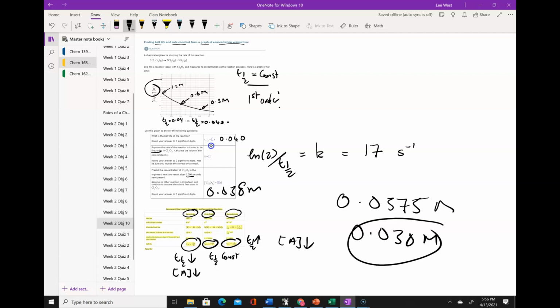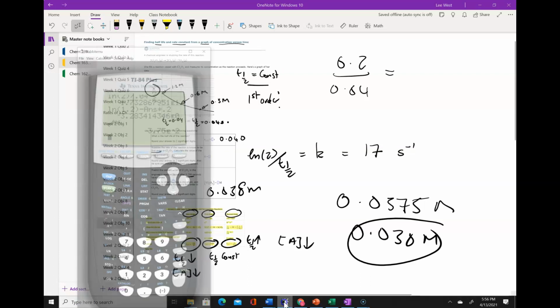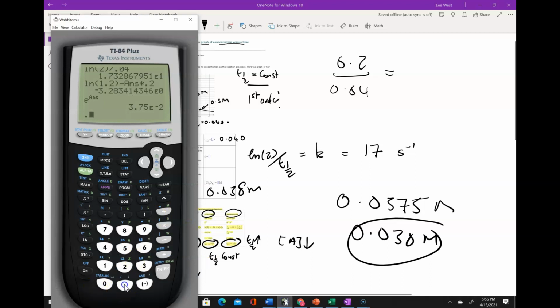If a half-life is 0.04 seconds, how many half-lives have we gone for? Well, I know the answer, I'm just being pedantic. We've gone for 5 times t1/2.